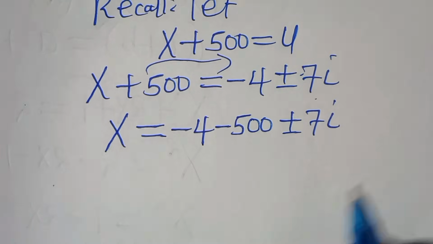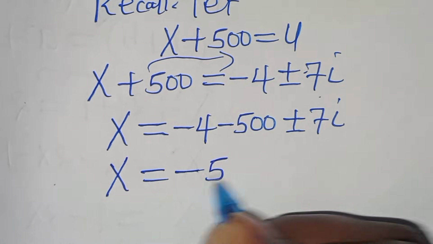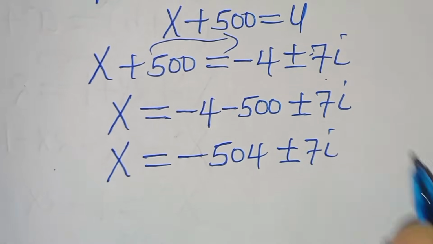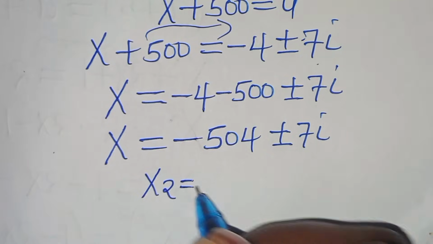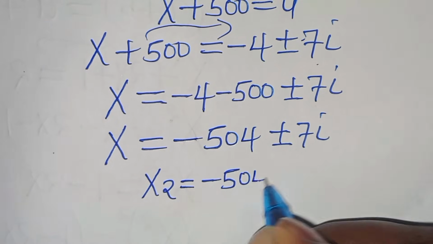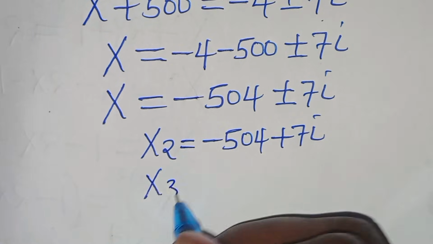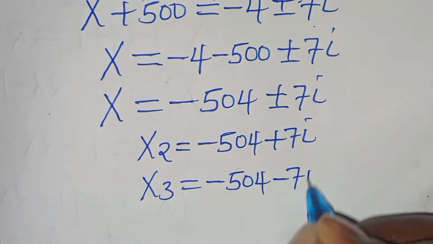So x is equal to negative 504 plus or minus 7i. So we have x2, which is -504 + 7i, and x3, which is -504 - 7i.